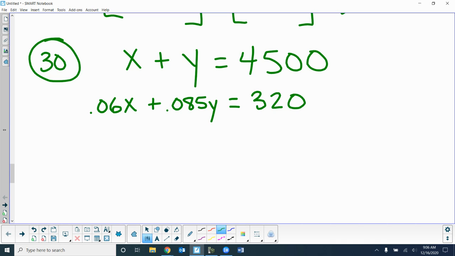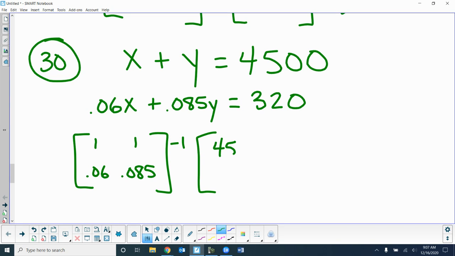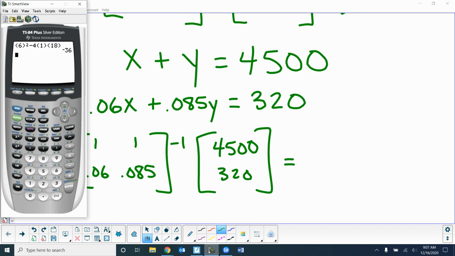Then I would do the matrix again. So you have 1, 1, 0.06, 0.085 for A, inverse, 4,500 and 320 for B. Let's go ahead and I'll do it. 4,500, 320.